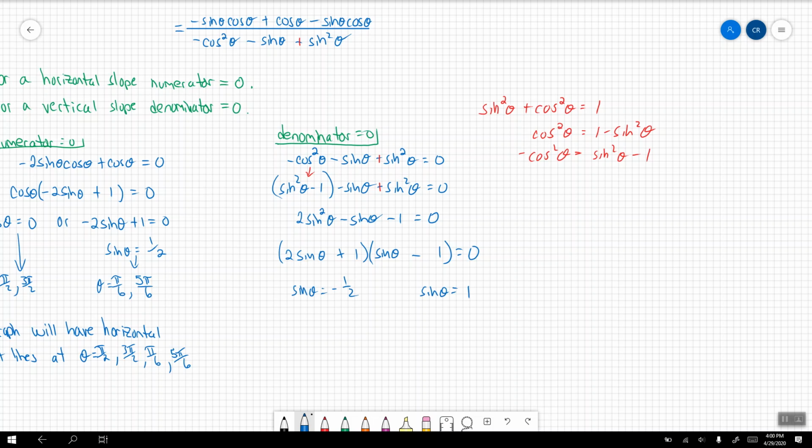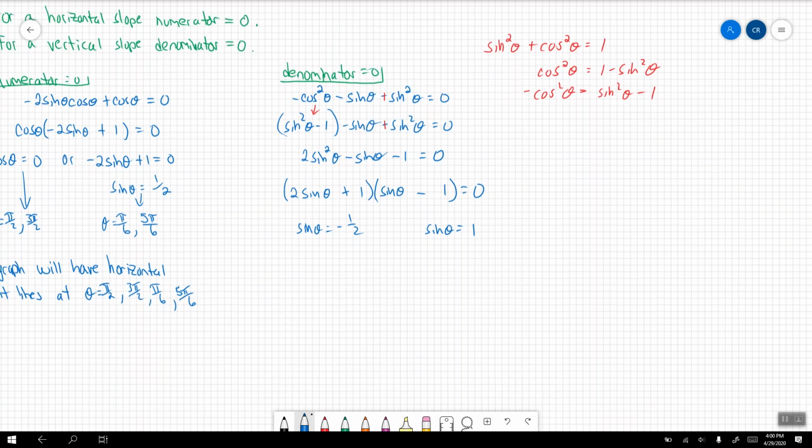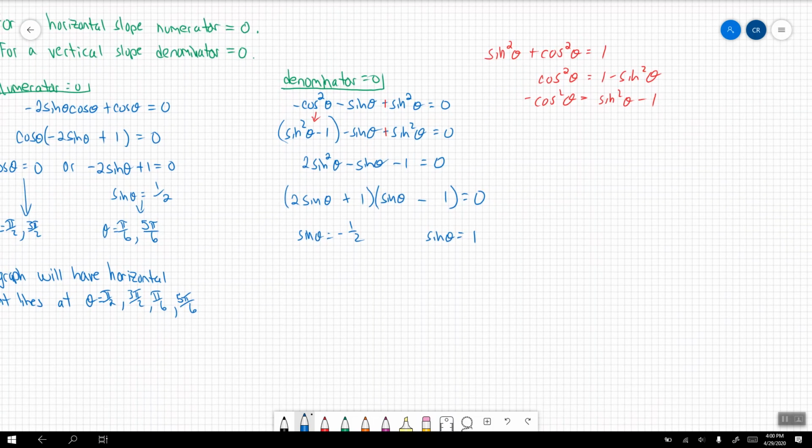So all we have to do is figure out where these angles happen. Sine of theta being equal to 1 on the interval from 0 to pi is just one of them, and that should be at pi halves. So theta is equal to pi halves.